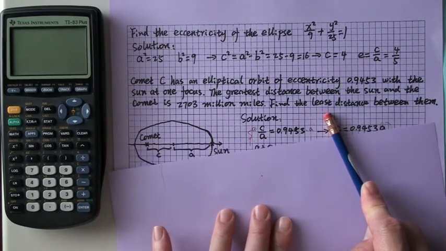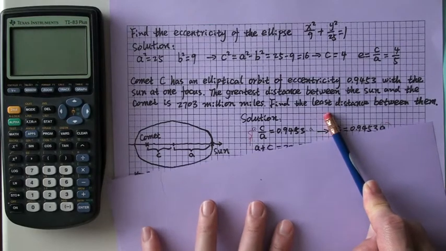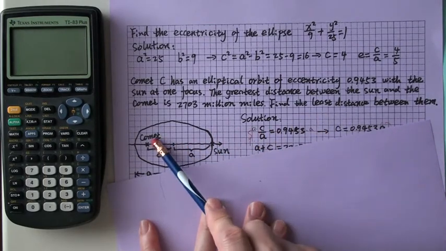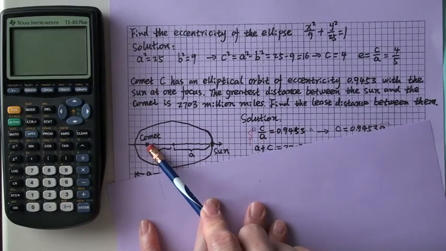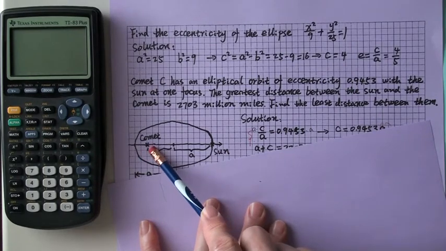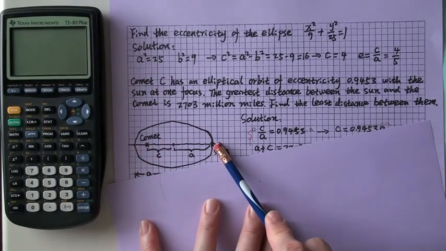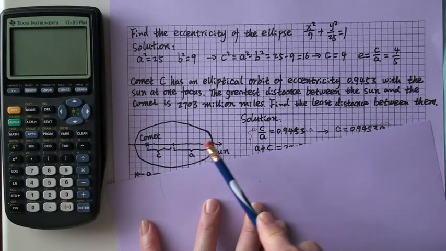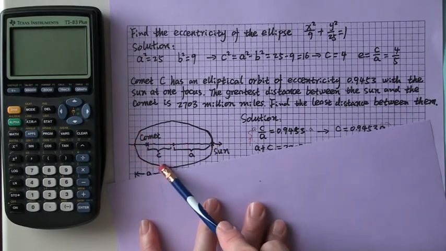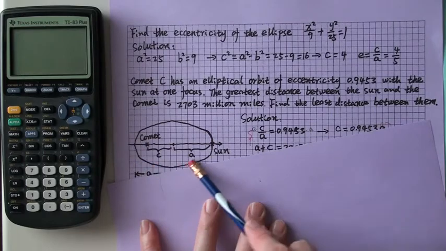Another thing is that if you look at this picture, this is the comet. The sun is right here, and then the elliptical orbit goes in this way.